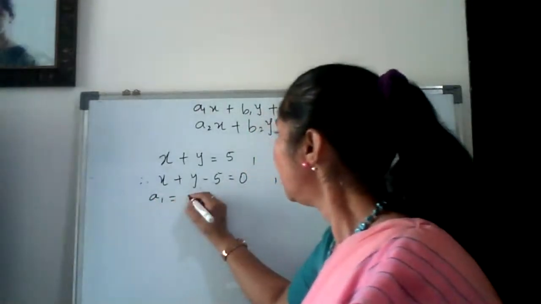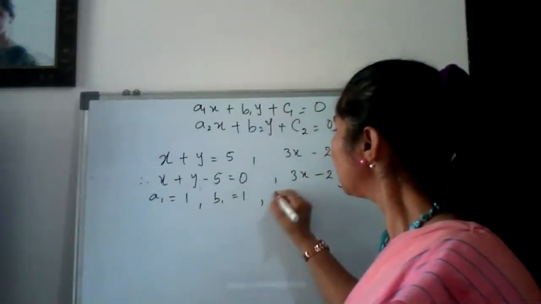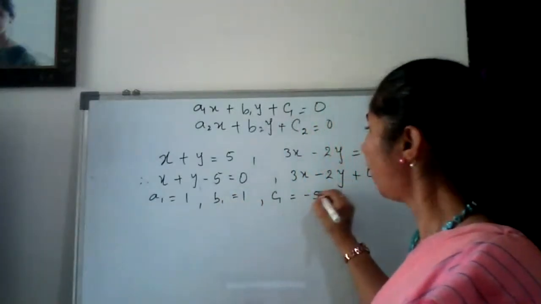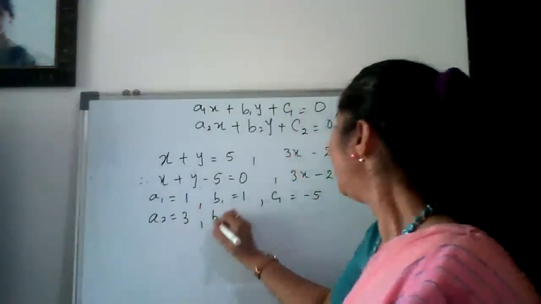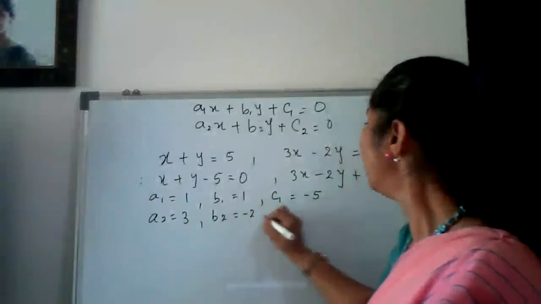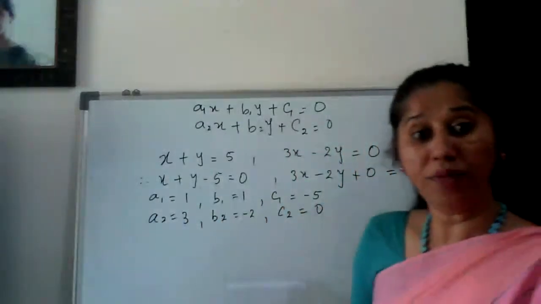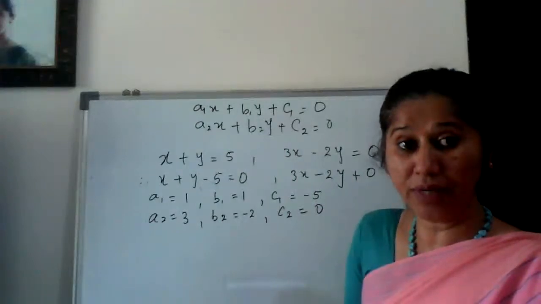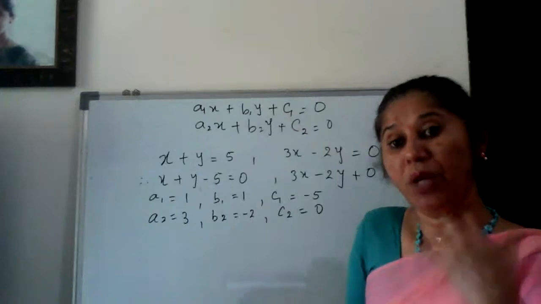Here a1 is 1, b1 is also 1, and c1 is minus 5. a2 is 3, b2 is minus 2, and c2 is 0. You know this from when we used to do cross multiplication, right? When we used to compare it with a1, a2, b1, b2, c1 and c2, right?